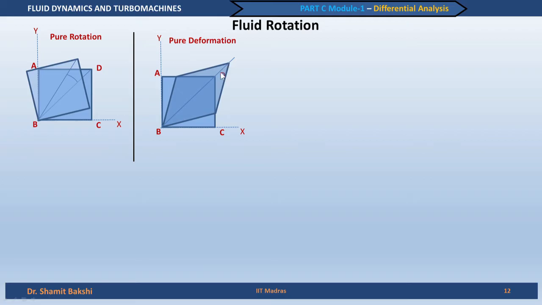What is actually meant by that? It means that suppose you consider the original fluid element ABCD, and you consider the deformed element. Let us look at the part of the fluid element shown in this region. This part of the fluid element has gone to a new position at time t plus delta t. So, it has probably moved from here to here.